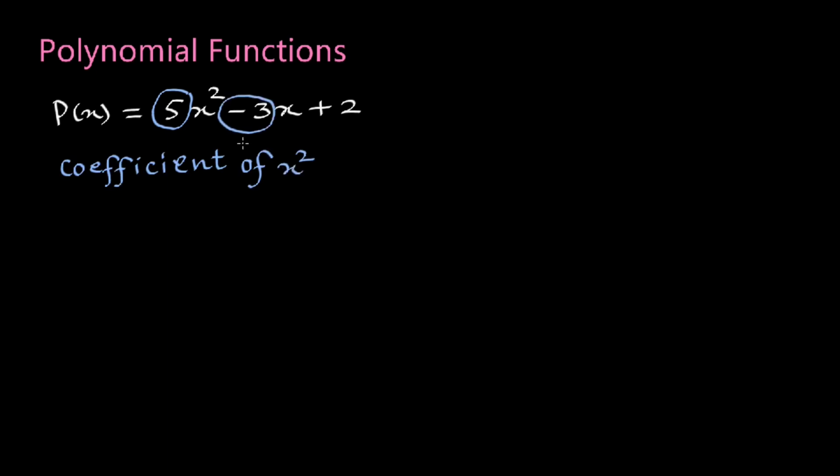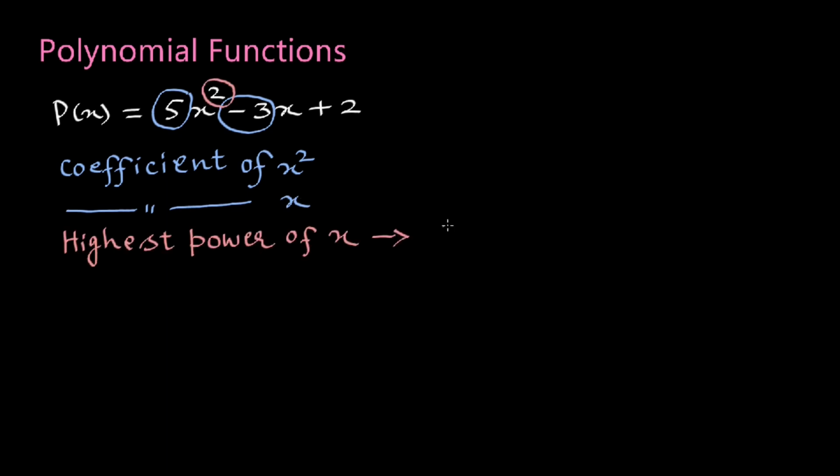In polynomial p(x) = 5x square minus 3x plus 2, this 5 is called coefficient of x square. This minus 3 is called coefficient of x, etc. The highest power of x, in this case 2, is called degree of polynomial.